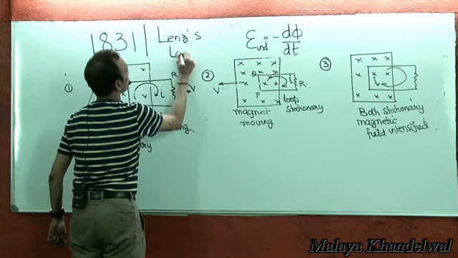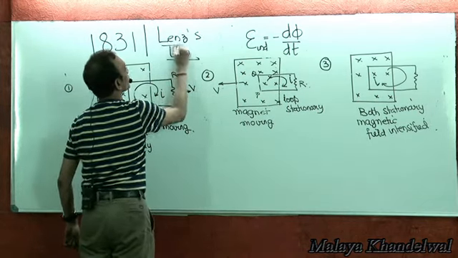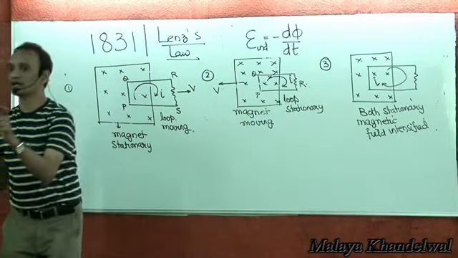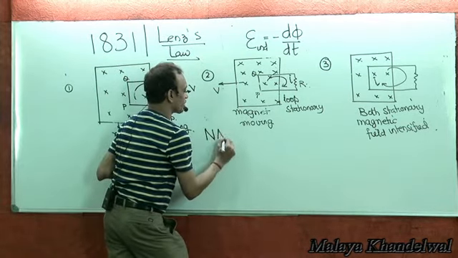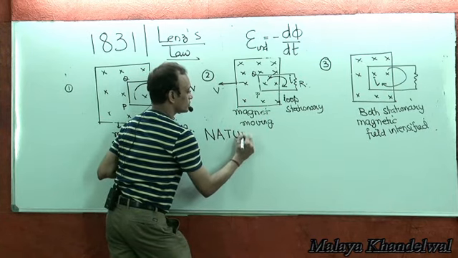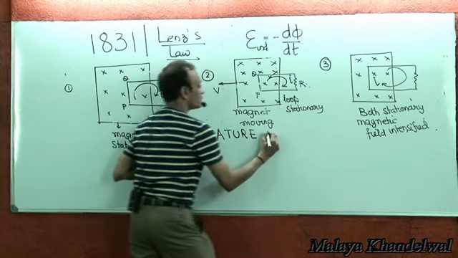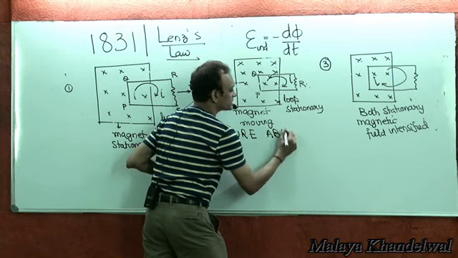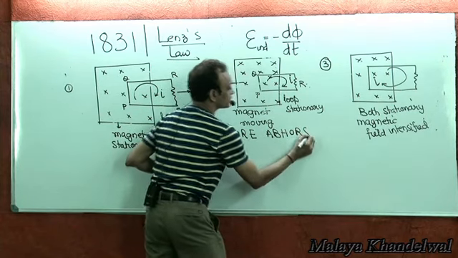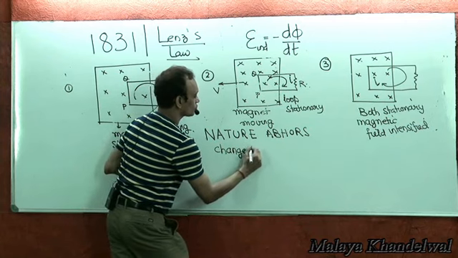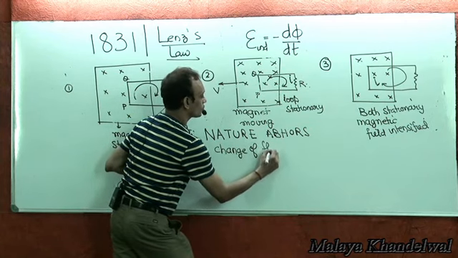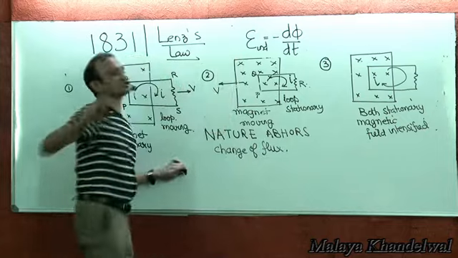It said one single statement, one single line. He said, nature abhors change of flux. Abhors means hates change of flux.